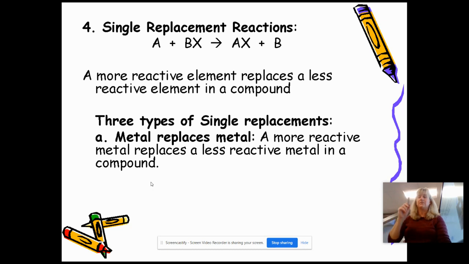The less reactive, the lower it is on the chart. So the activity series you use with a metal replacing a metal to see if it can happen. So for instance, Li is higher on that activity series than sodium. So Li can kick sodium out and take the chlorine. Okay, so that's metal replacing metal.